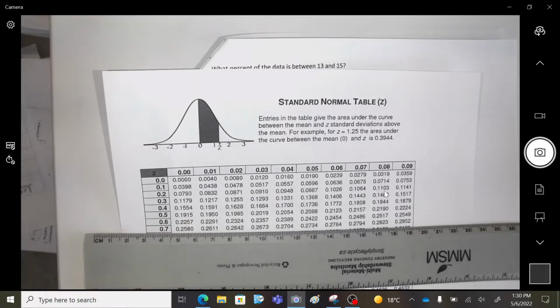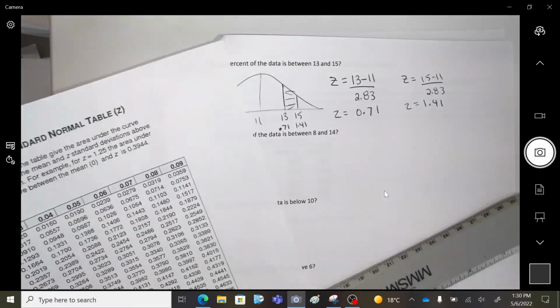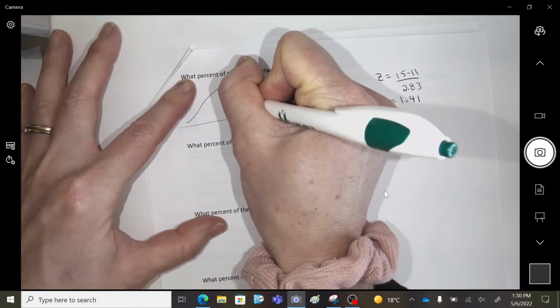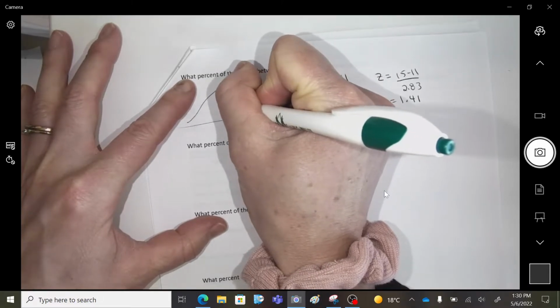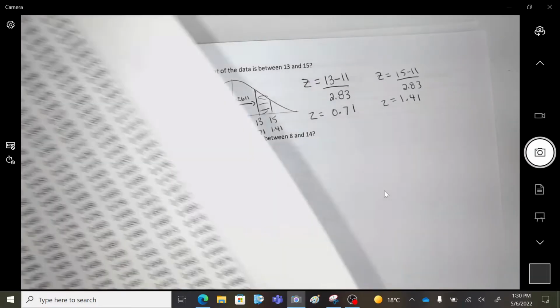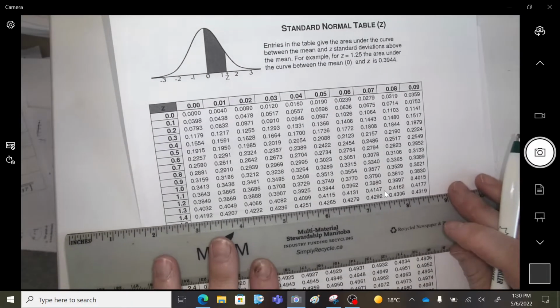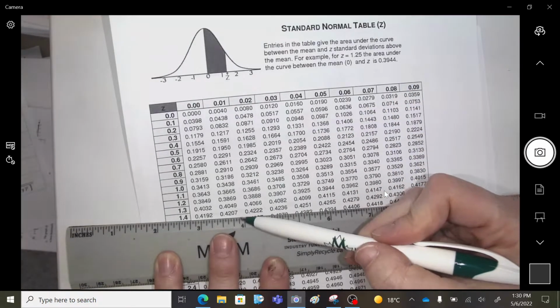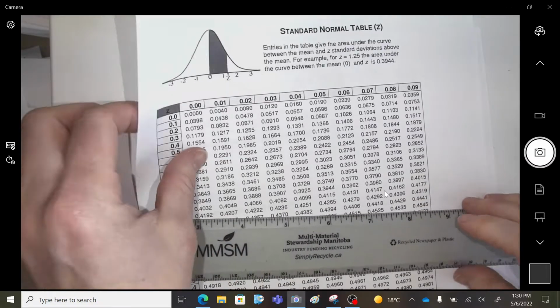That's okay? 0.2611. And then I'm going to do the same thing with 1.41. So 1.41 is 0.4207.